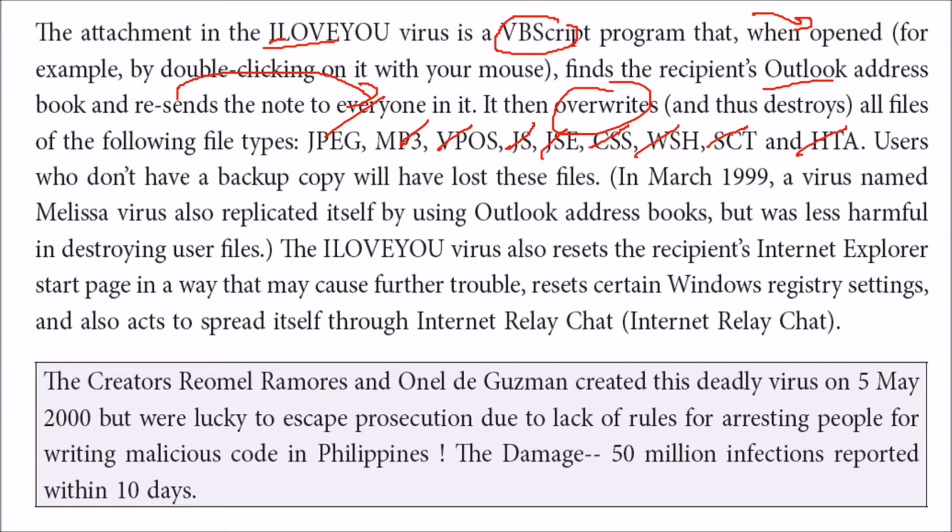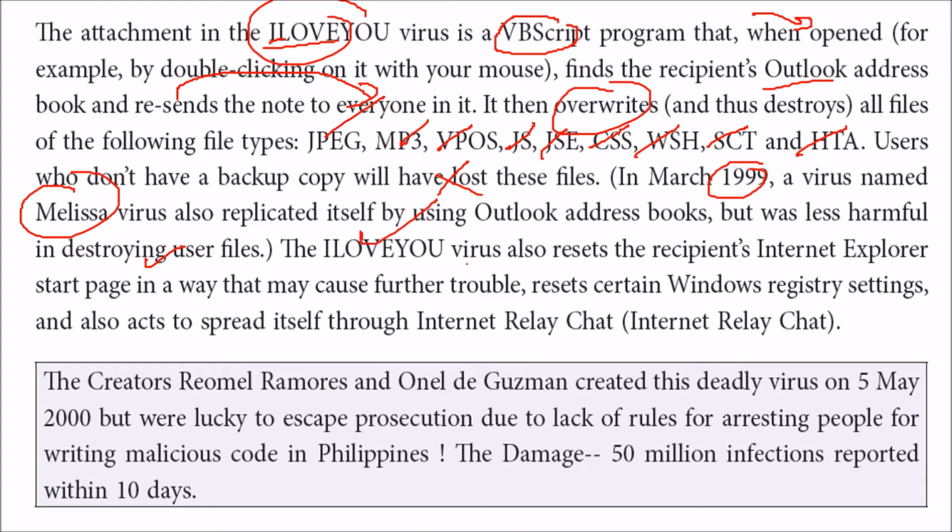All these files are attacked and made unusable. If the user didn't have any backup, then these files are permanently lost. In 1999, the Melissa virus did the same thing, but it was less harmful in destroying user files than the I Love You virus.